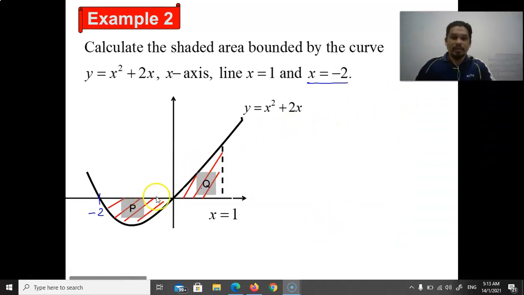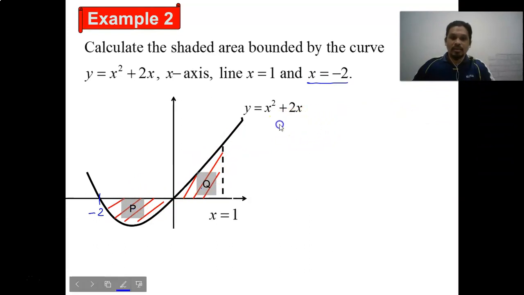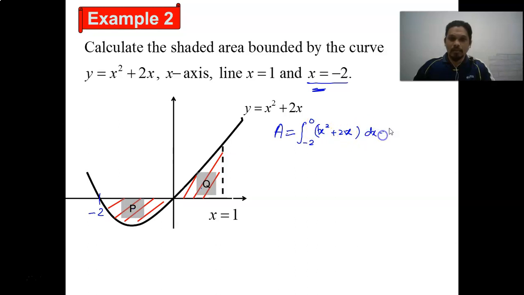Let's say I integrate, the area from negative 2 until 0 of the function x squared plus 2x dx, plus the area from 0 until 1 of x squared plus 2x dx.